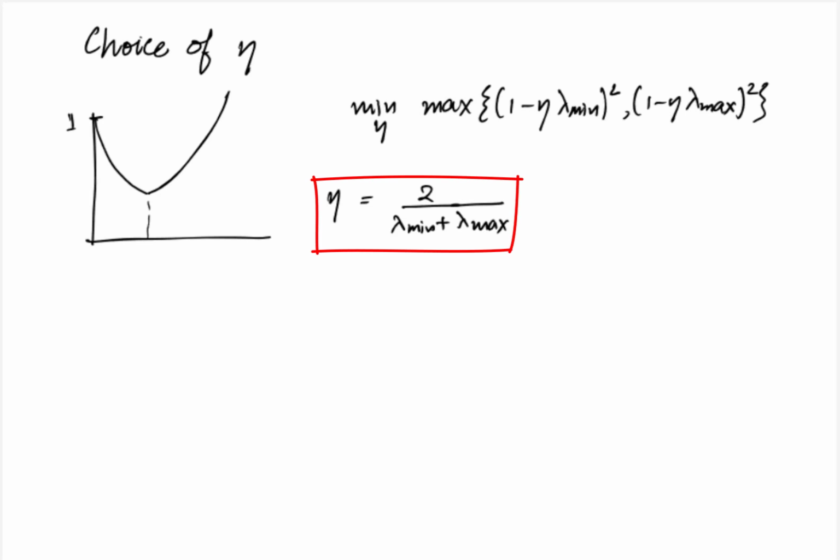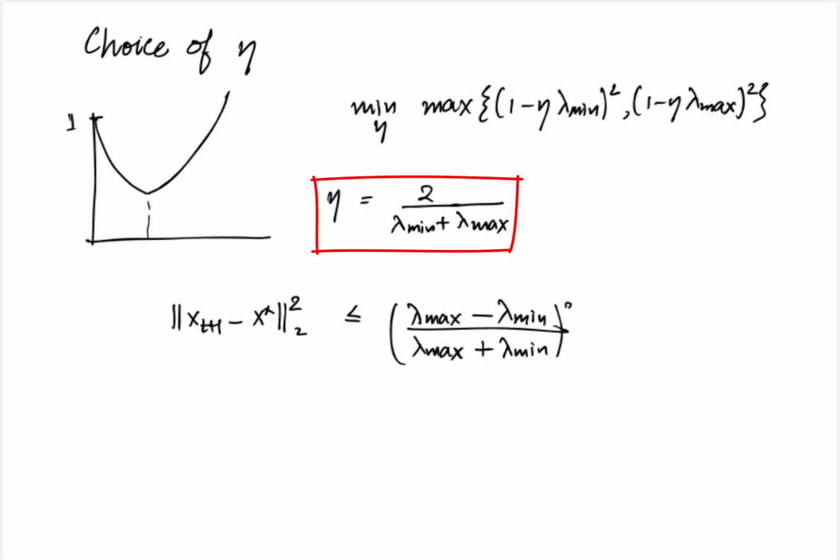So substituting, we have the final bound that ||x_{t+1} minus x*||^2 is less than or equal to ((lambda max minus lambda min) divided by (lambda max plus lambda min)) whole squared times ||x_t minus x*||^2. So observe that this is what we wanted. This is in fact a contraction bound, since the distance from the optimum is decreasing by a factor at every iteration.